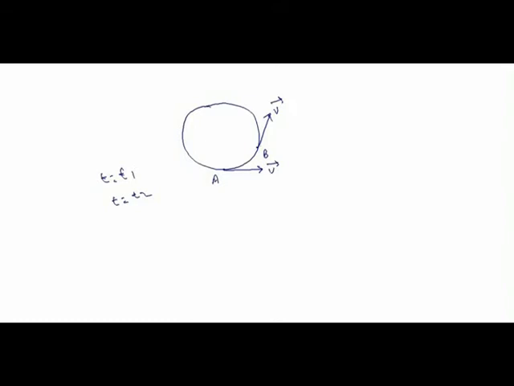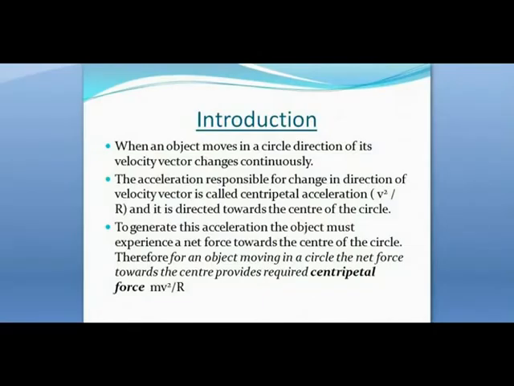At point A it is in this direction, that is horizontal direction, and at point B its direction has changed. So even though the magnitude of velocity remains the same, its direction has changed, which means that the velocity vector has changed. Since there is a change in velocity, there must be some acceleration acting on the object.